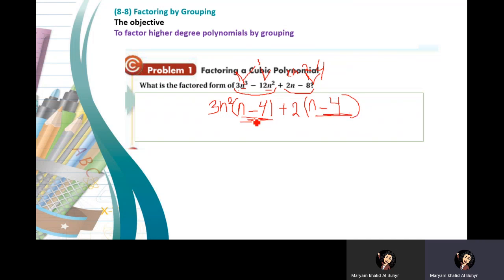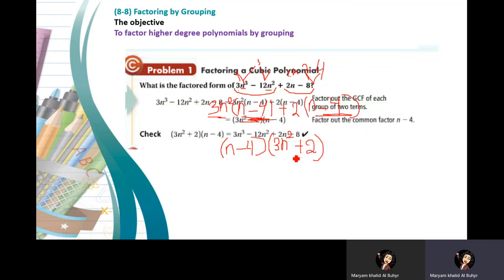I can take it again as a common factor, so that is n minus 4. Just take it out. The remaining is 3n to the power 2 plus 2. That's what you're supposed to do: pull this out, and then write the remaining 3n to the power 2 plus 2.